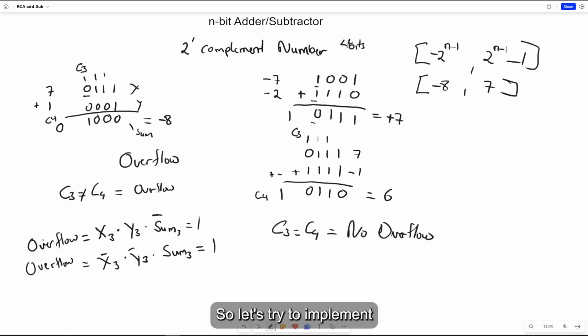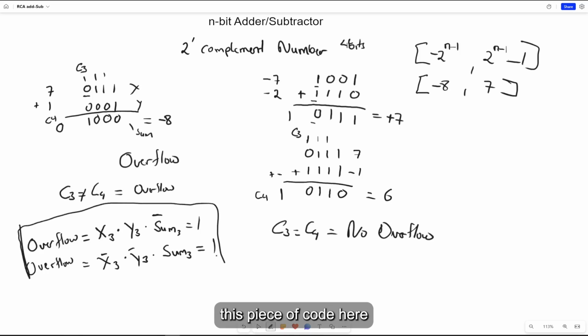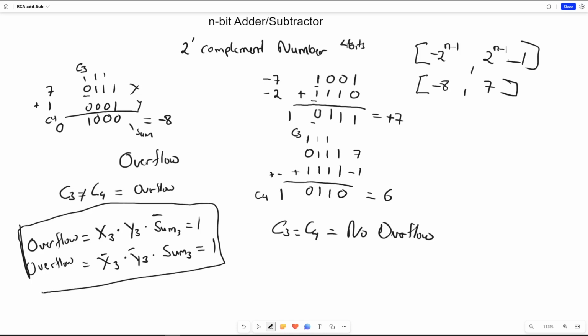So let's try to implement this piece of code in our model, and try to simulate it again.